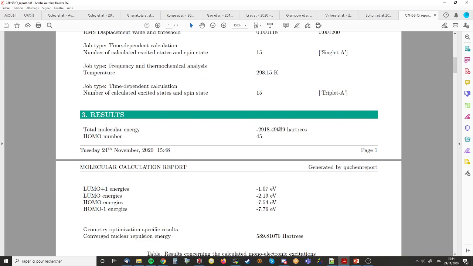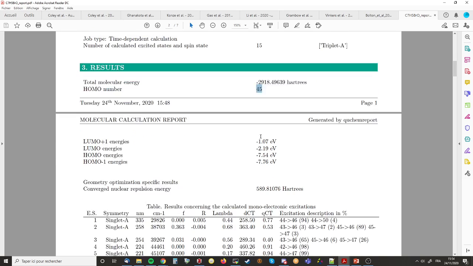The total molecular energy, when you do some reactivity, if you want to compare reactants, products, transition states, for example. The HOMO number, that means how many orbitals are doubly occupied and what is the number of your HOMO.